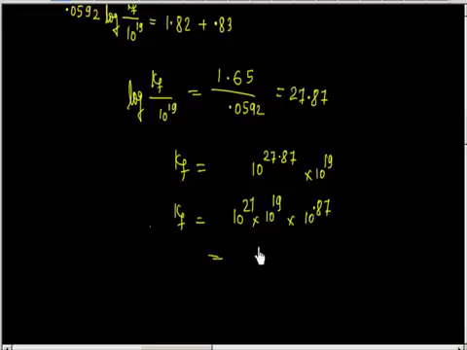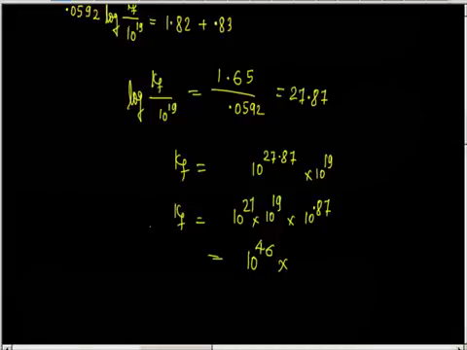So this is around 9 plus 7, 16. Are you getting? Now 10 to the power 0.87.